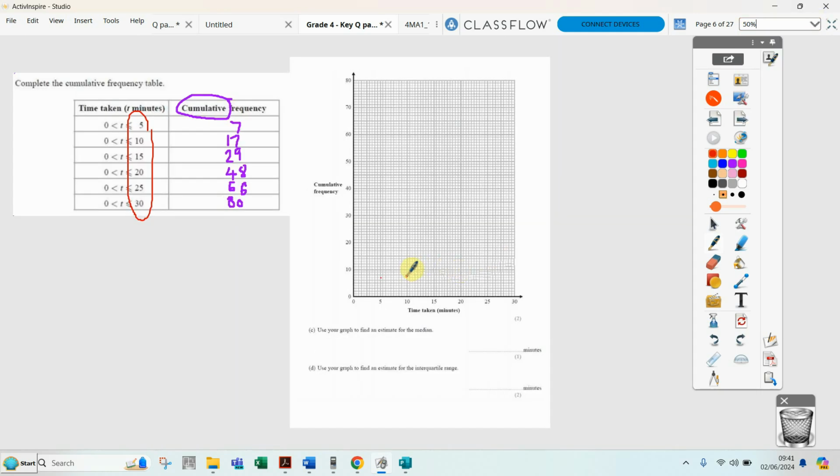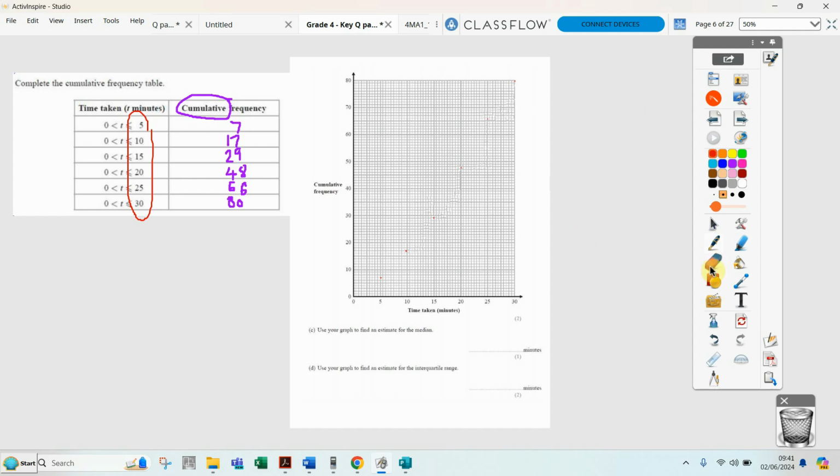And then the next one you go across to 10, up to 17. So next one 15, go up to 29. 20, go up to 48. Next one 25 up to 66. Okay, and then 30 goes up to 80.